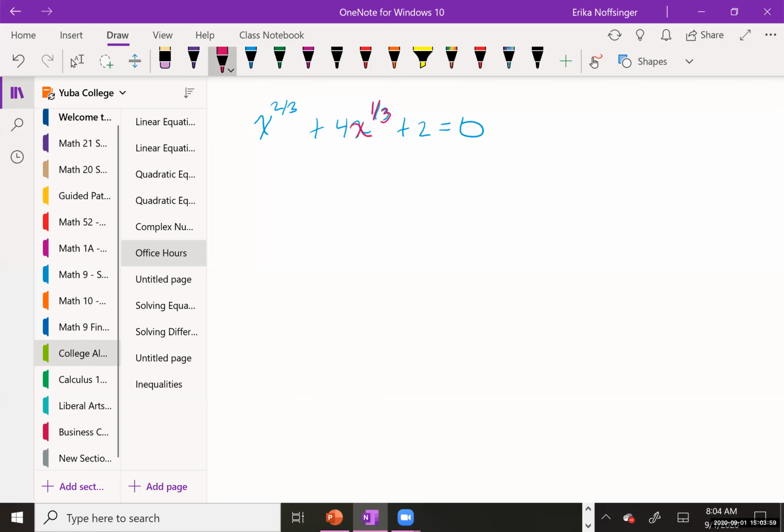So I'm going to use the fact that I know power to power. So if I have b raised to the m power and that's raised to the nth power, I know that the rule is multiplication.